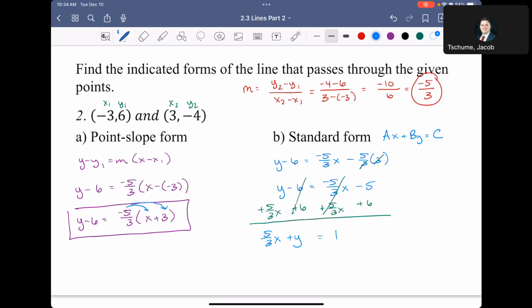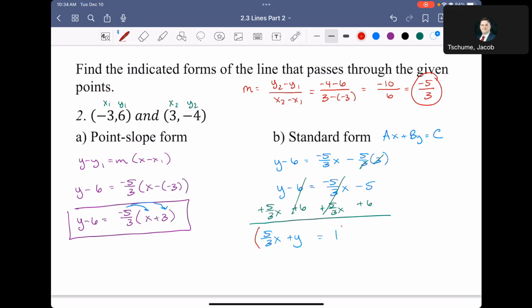Your last thing you want to do here is remember there is a rule with standard form that the value in front of x must be a whole number. And right now you've got a fraction that you have to work with. So we have to get rid of that fraction, and the simplest way to do that is to multiply by the common denominator. We saw this back in our chapter 1 videos in the past.